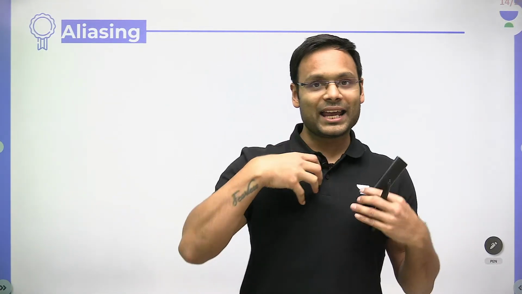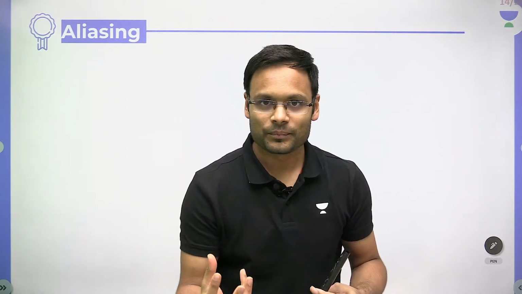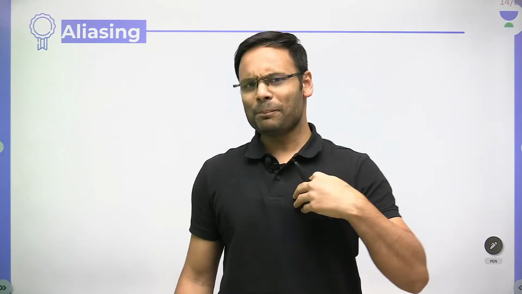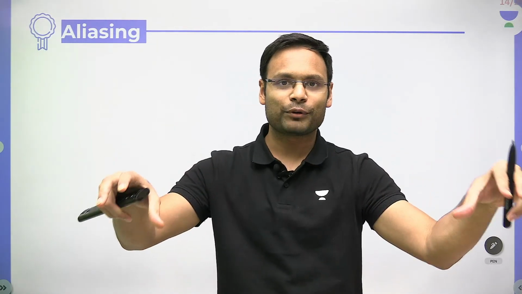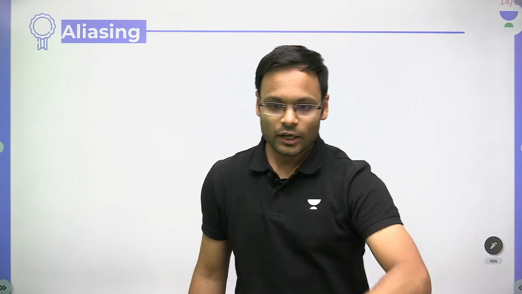Like my name with you all is Vishvadeep sir, but for my friends, my name is VD. Same person, but in two different places, the name is two different things. Right? So what happens?